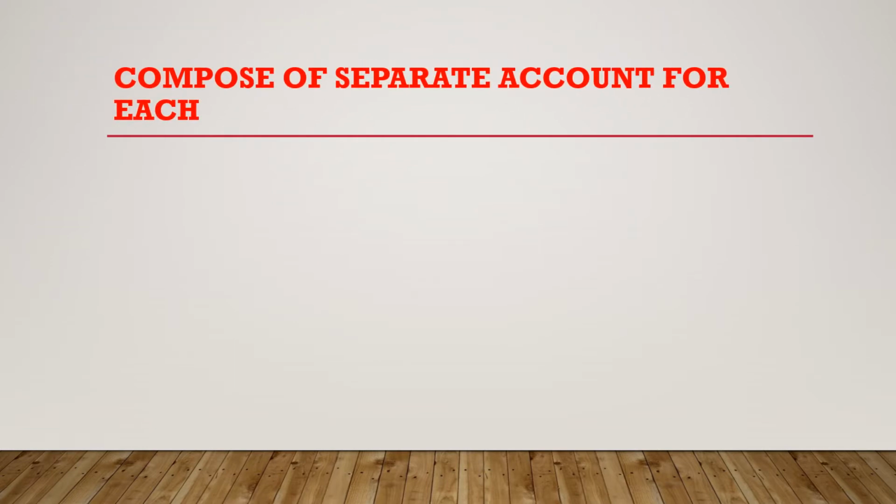A general ledger is composed of separate accounts for each. This means you have accounts for assets, you have accounts for liabilities, for capital, for expenses, and for revenues. All these accounts are separate.